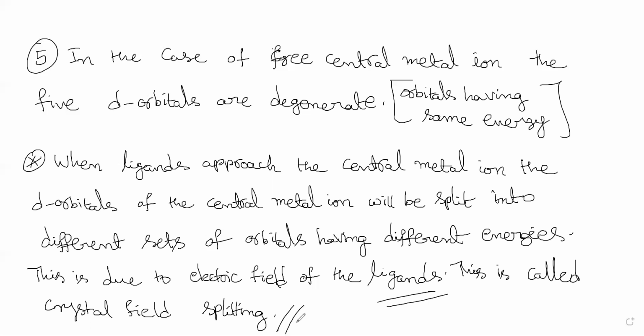So in case of a free metal ion, the 5d orbitals are degenerate. What are the 5d orbitals? Once you note, I'll explain what happens here. If you have noted, please let me know, ma'am. Noted, sir. Okay, right.